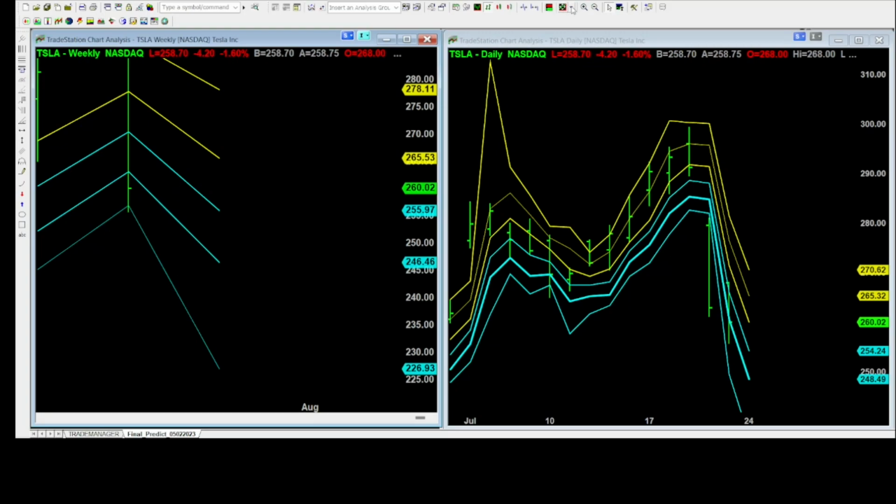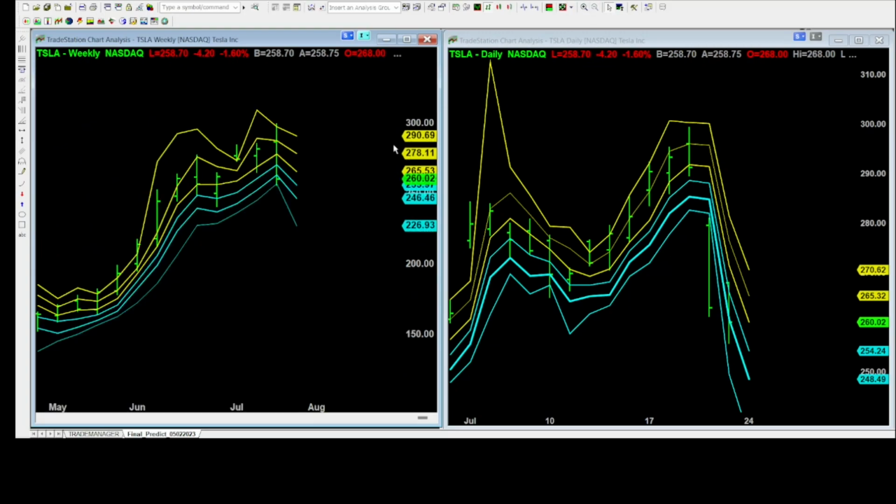So for the next week, the fluctuation range is expected to be around this price, that's 246, and at least up to $264. This is the weekly yellow trend line.